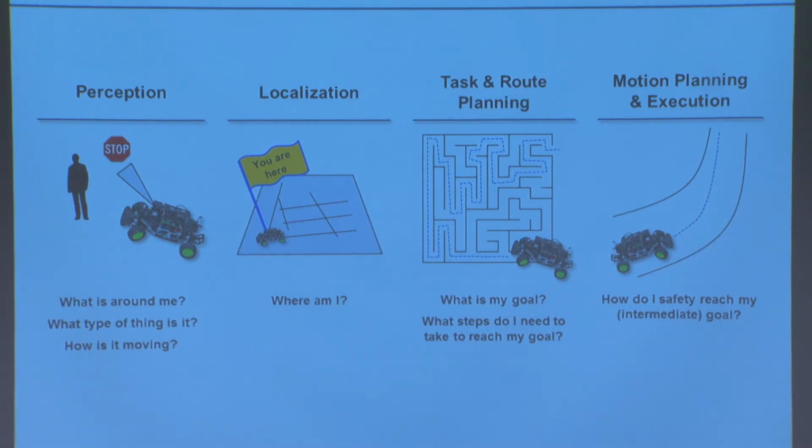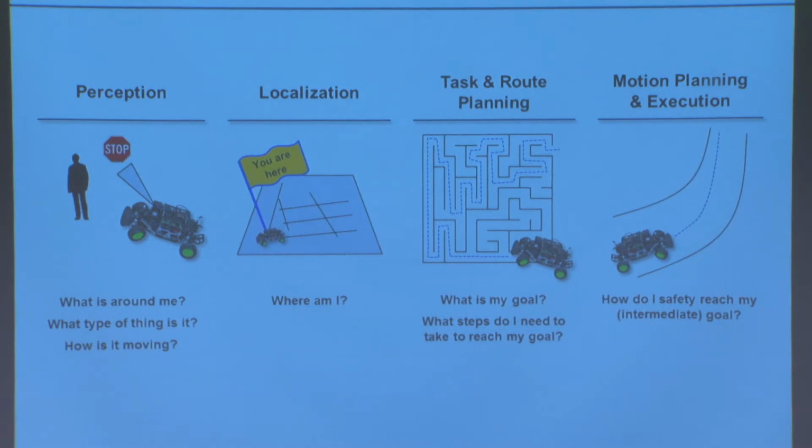Then there's a third bucket that I'm calling task and route planning. That's concerned with how do I carry out some goal? What are the different steps I need in order to achieve a goal? So maybe I'm navigating a road network in order to go from my house to the bakery. What are the different roads that I need to take?